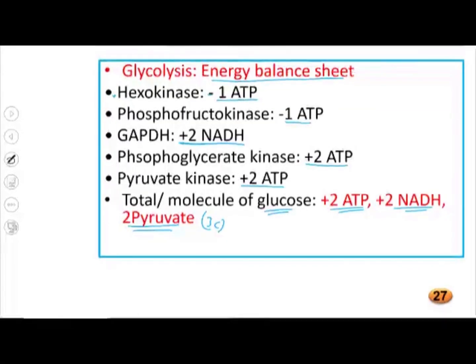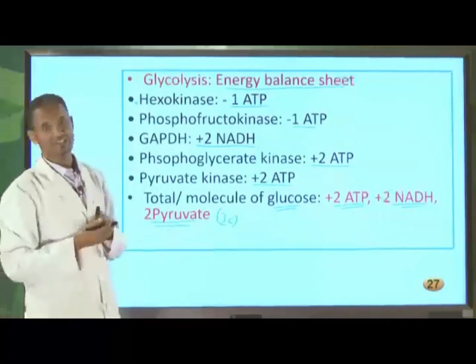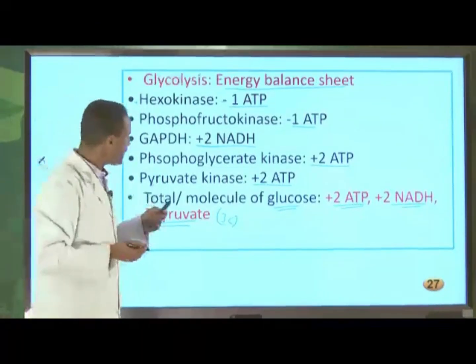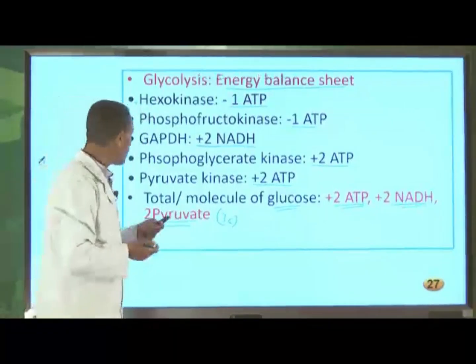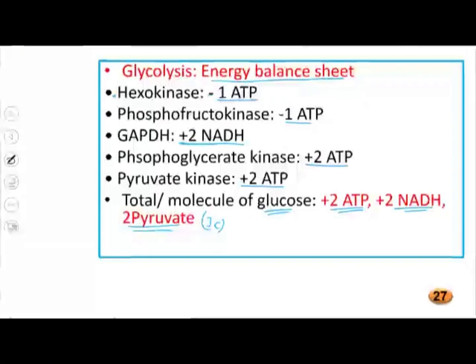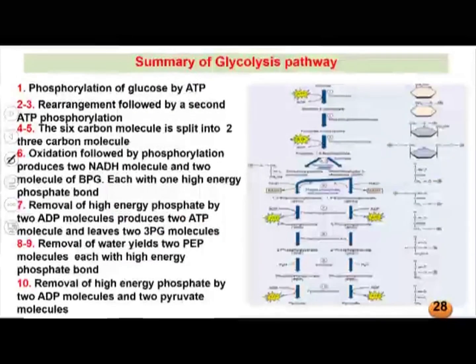This shows that it is not completely oxidized at this stage. Therefore, the cell needs to completely oxidize this 3 carbon compound, pyruvate. So, to do that, what will happen to this pyruvate? What will be the fate of the pyruvate? We will see after this slide.